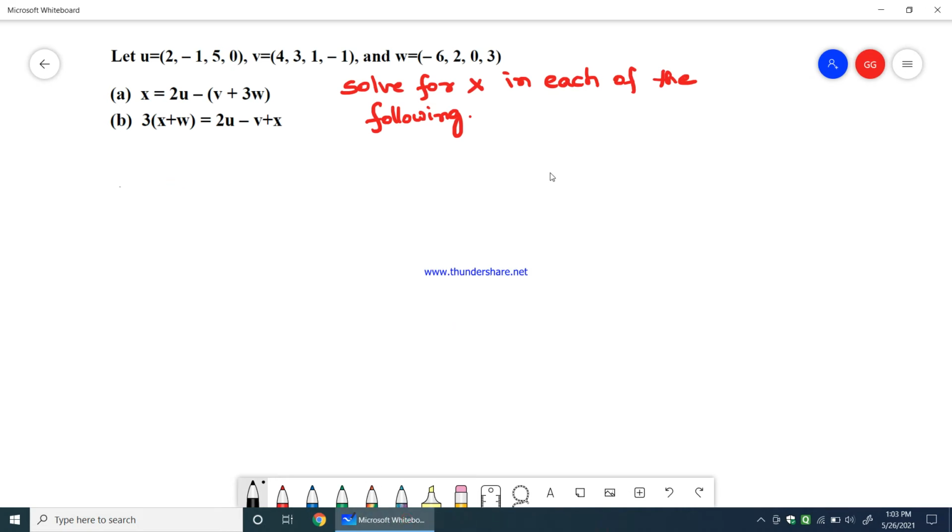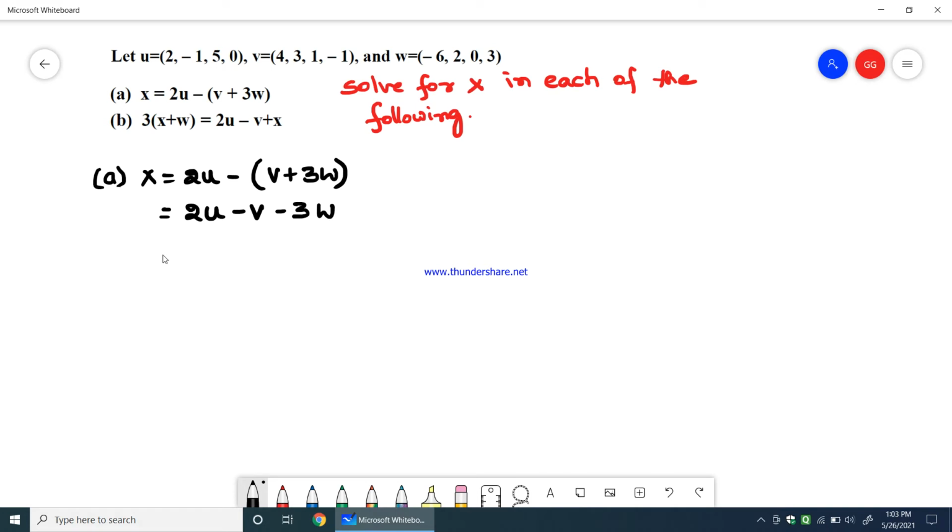So let us look into this example to find the vector x when vectors u, v, and w are given. Let me take the first problem, where x is equal to 2u minus v plus 3w, which is equal to 2u minus v minus 3w.